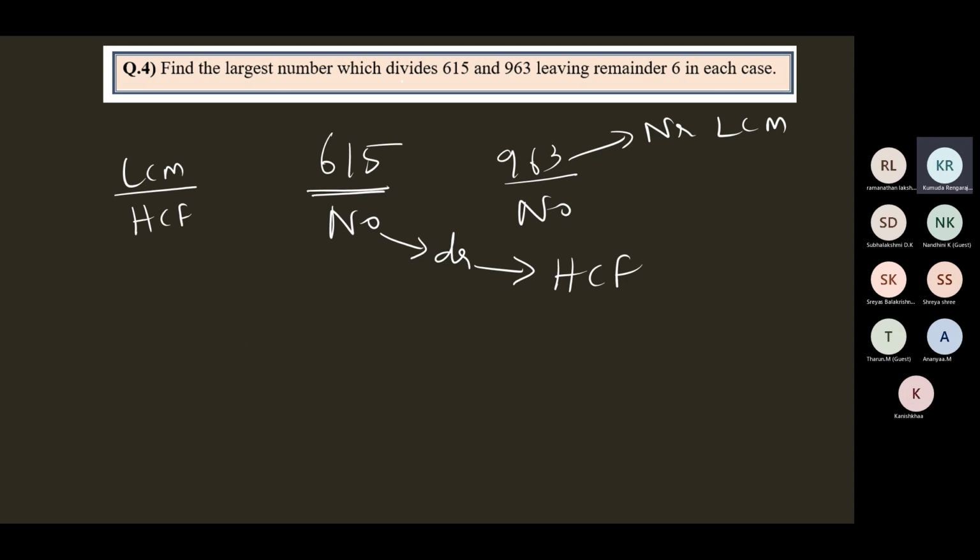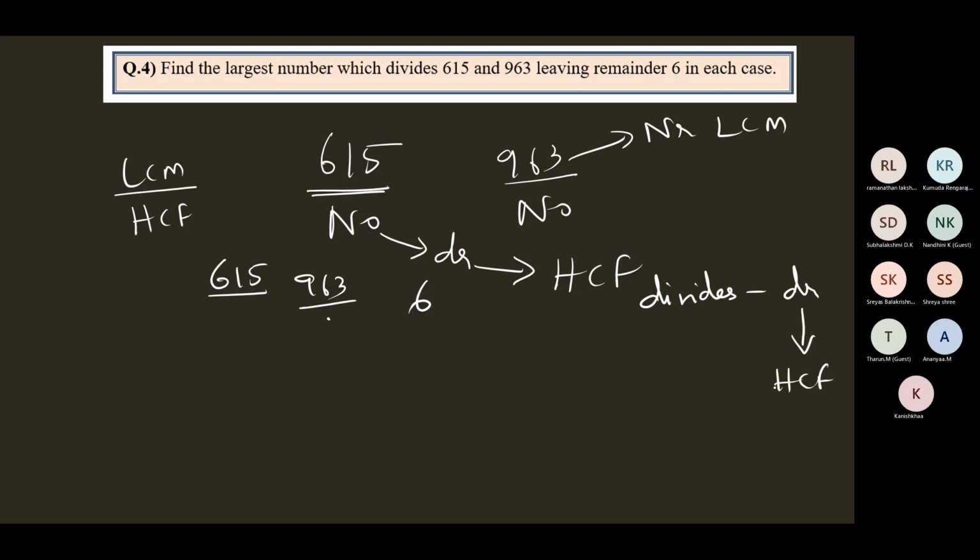And the word divides tells us that we should find the number that divides 615 and 963, leaving a remainder 6 in each case. So you're looking for the HCF, the denominator. The word divides means denominator, and denominator means HCF.